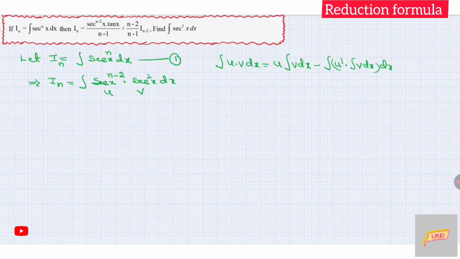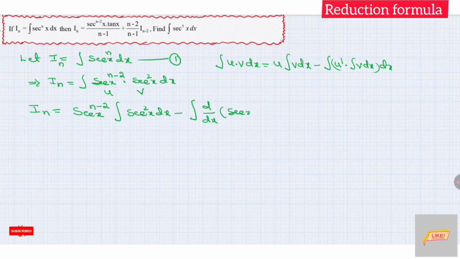Apply here: I_n equal to u into integration v, where u value is secant x power n minus 2 and v is secant square x dx, minus integration u dash, that is d by dx of u, here secant x power n minus 2, into integration v, that is secant square x dx, whole dx.